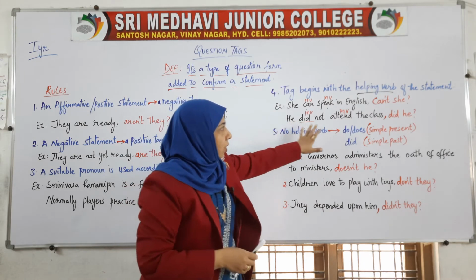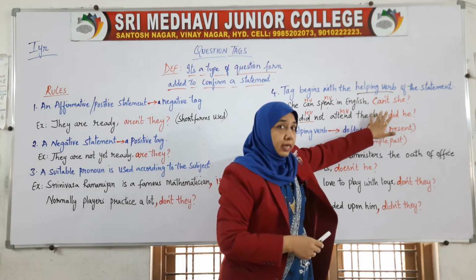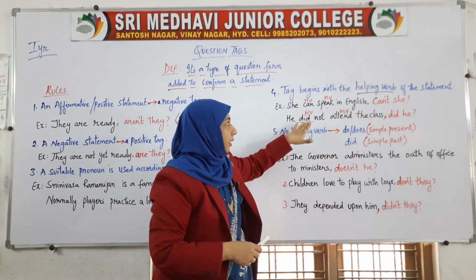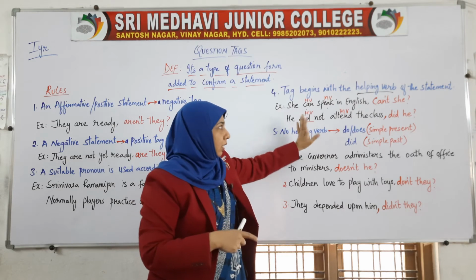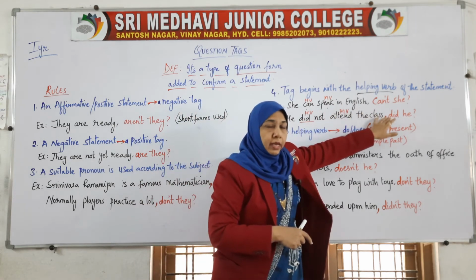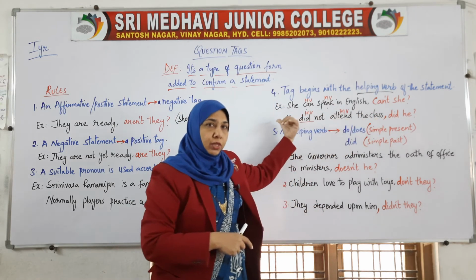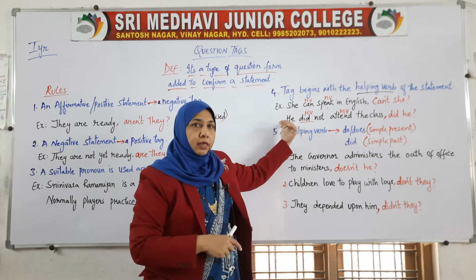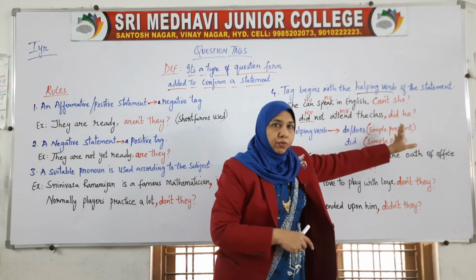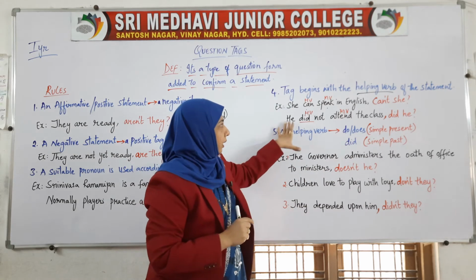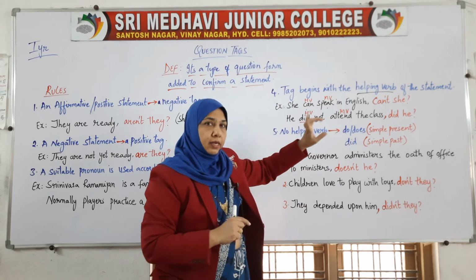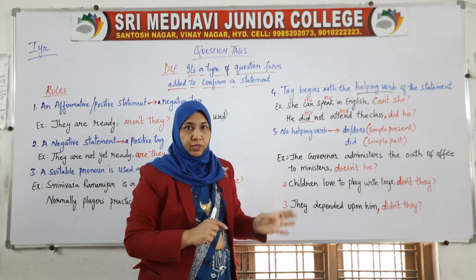He did not attend the class, did he, because did not is in the negative format, so we use the positive format here, plus the subject. What is the subject here? He. So we add he and then put a question mark. He did not attend the class. Did he? That is the confirmation.